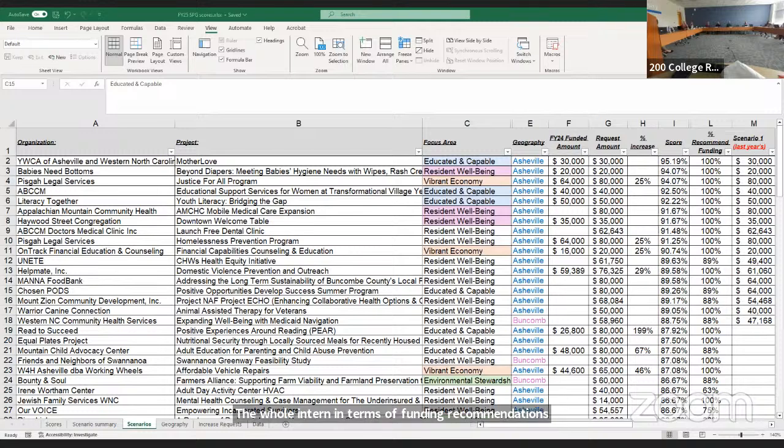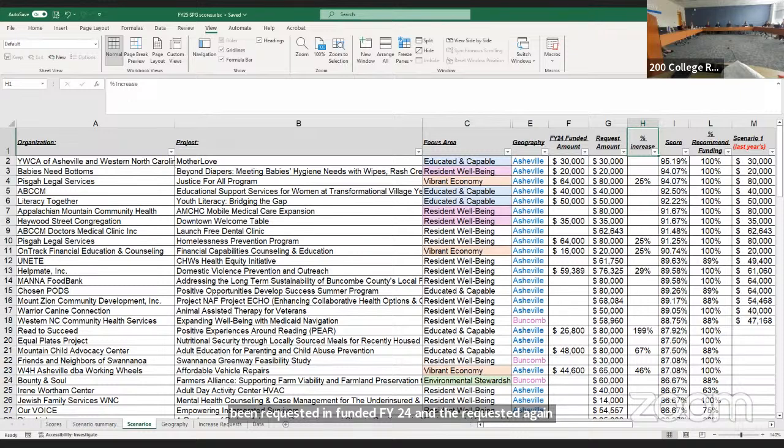We also included information about projects that received funding in FY24, so currently funded. The request amount for each project, and if there was an increase in the request, so if the same project has been requested or funded in FY24 and then requested again in FY25, this coming fiscal year.